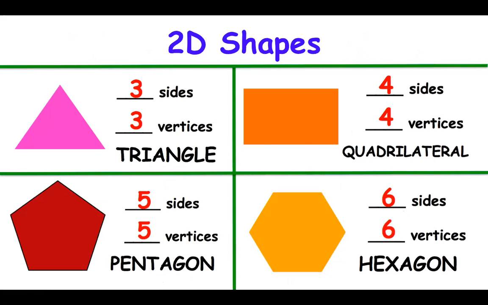But a rectangle, because it has 4 sides and 4 vertices, it's also a quadrilateral. Its real math name is quadrilateral. Then, anytime a shape has 5 sides and 5 vertices, it's called a pentagon. And last, if a shape has 6 sides and 6 vertices, it is always called a hexagon.